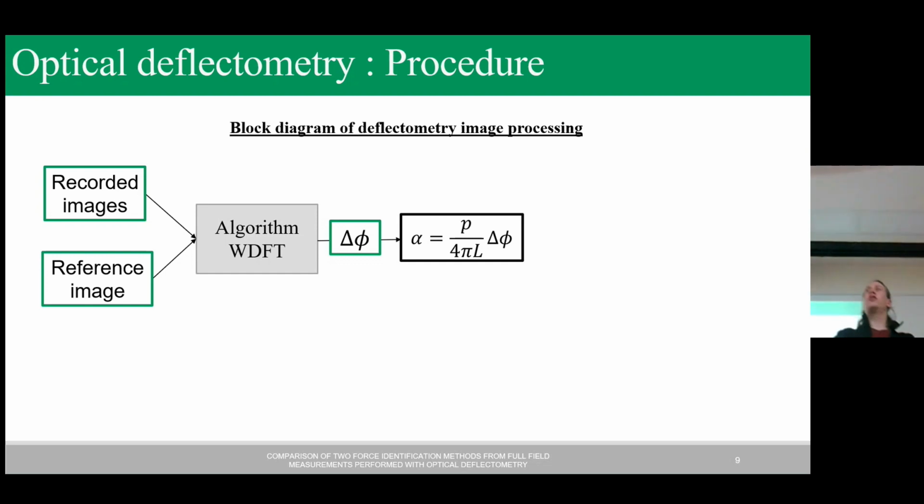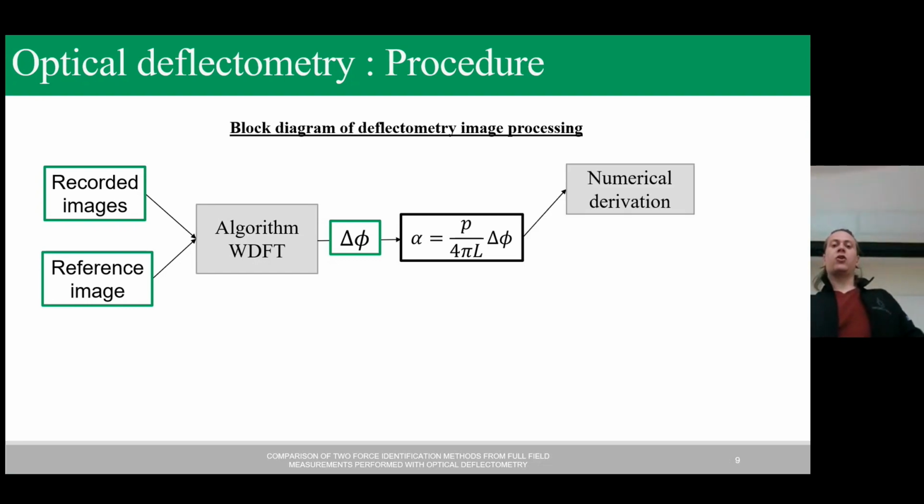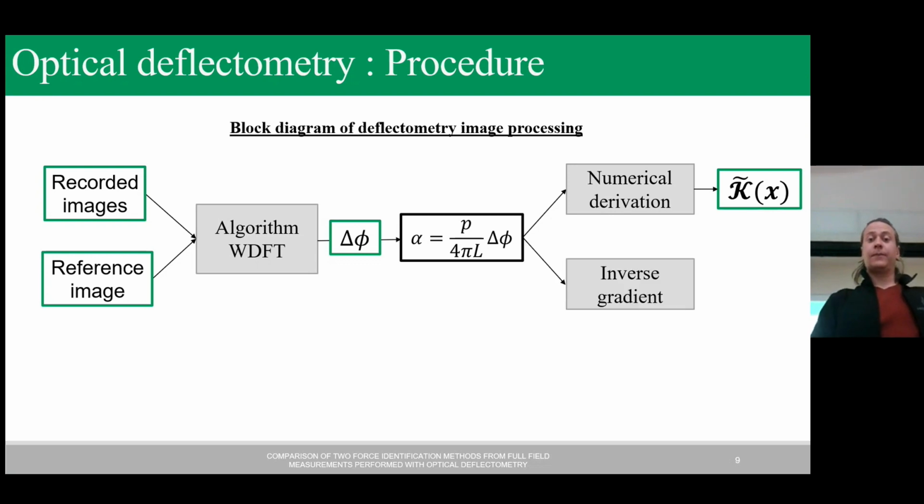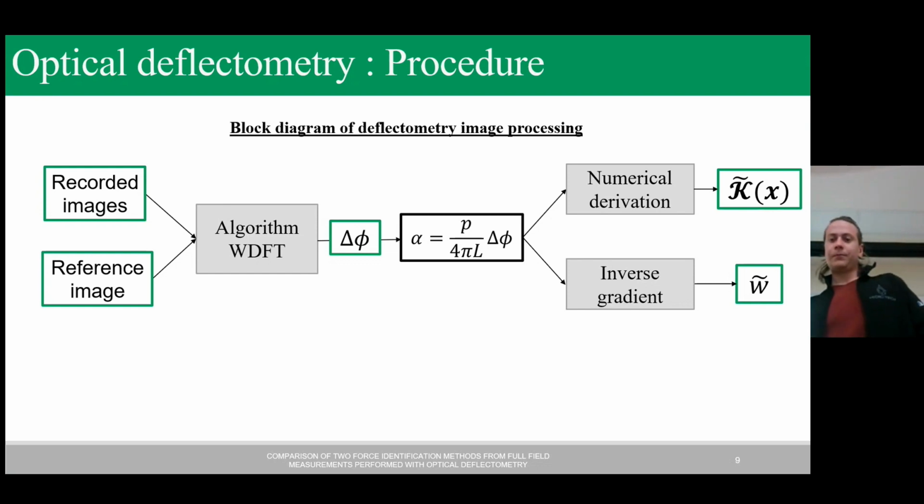So for each recorded image, we get the slope fields all over the plate. Starting from there, we can, by numerical derivation, get the bending curvatures. And by an operation of inverse gradient, we can estimate the height of plane displacement, sorry.